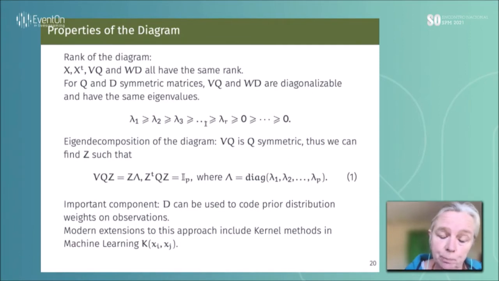Then you can get an approximate one by just taking the first k largest eigenvalues, and you get the best method to approximate that in general. This approach has been extended in kernels and machine learning nowadays to more general phenomena.